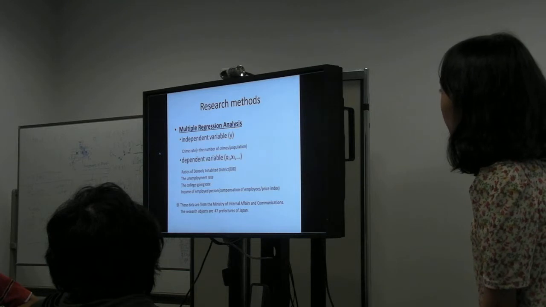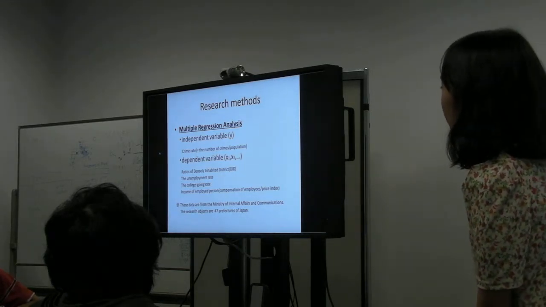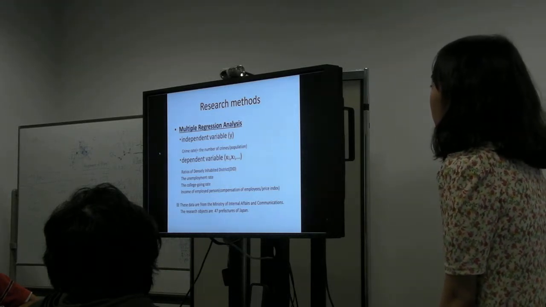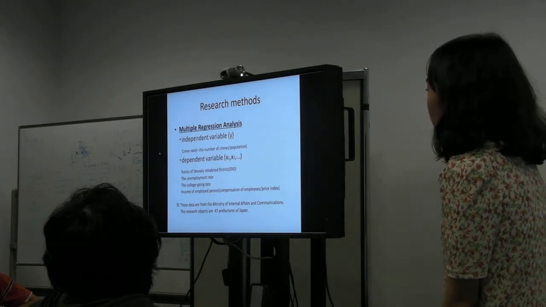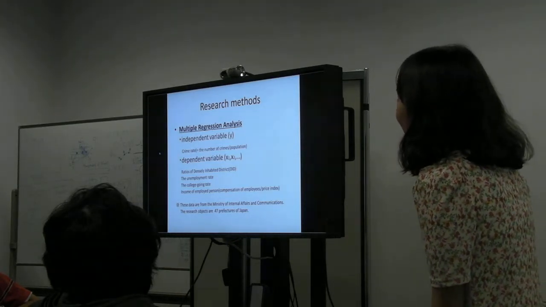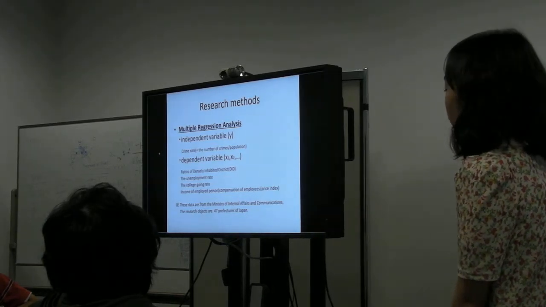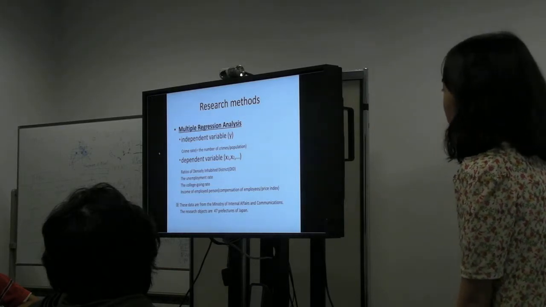For our research, we use multiple regression analysis. We set crime rate as the dependent variable, and in this research crime rate is the number of crimes divided by population, and there are four independent variables.